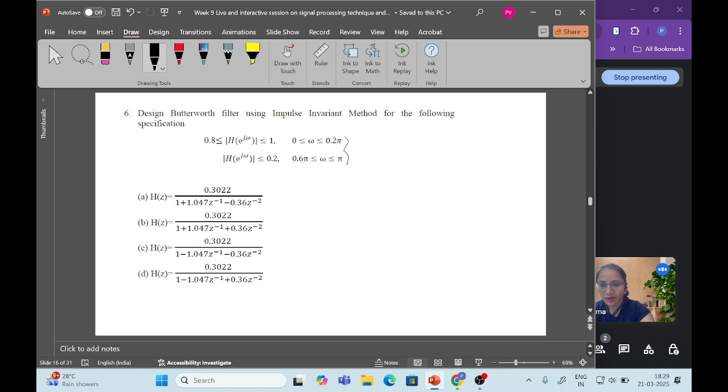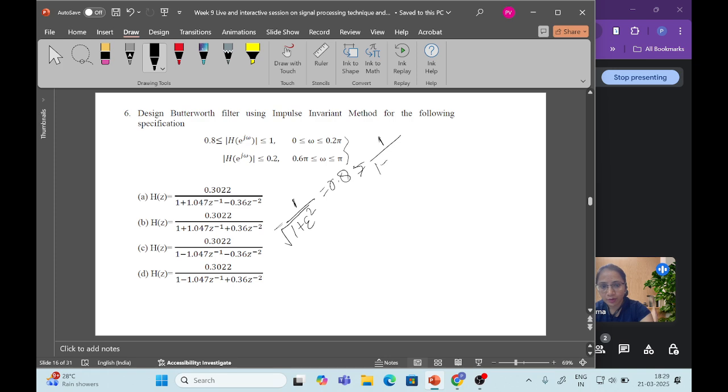So the magnitude of H(e^jω) is given as varying from 0.8 to 1. So we can take 0.8, that means 1 divided by the square root of 1 plus epsilon squared is 0.8. From here you calculate epsilon.